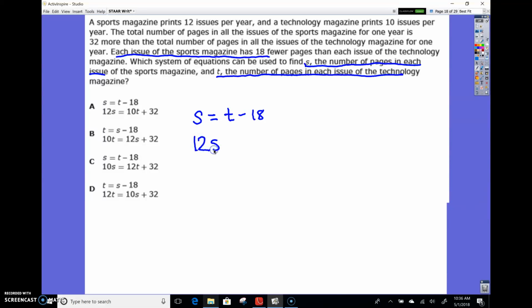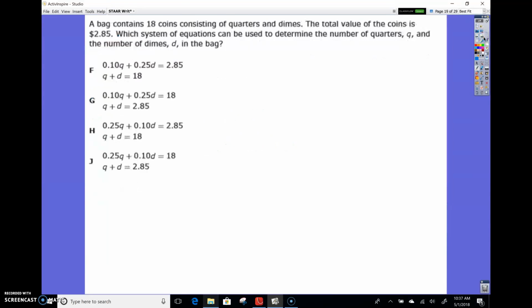The total number of pages in all the issues for 1 year is 32 more than, so we have to do the whole year of the technology. 32 more than, so that's plus 32. Okay, you can see that's the same. Okay, why don't you try the coin problem on your own?